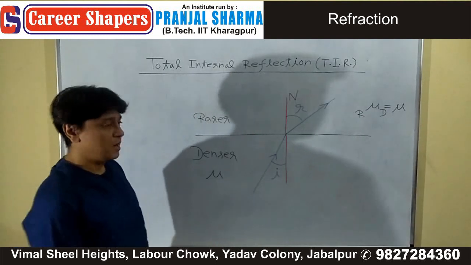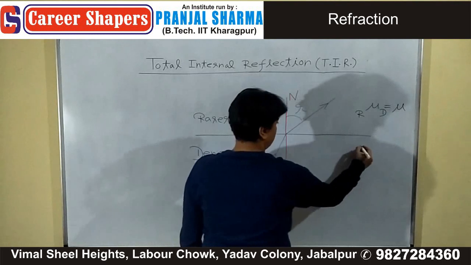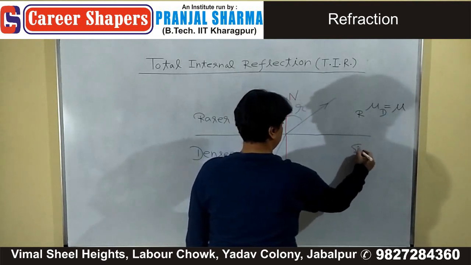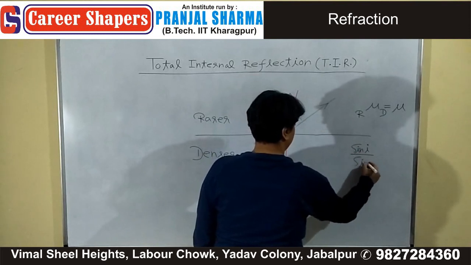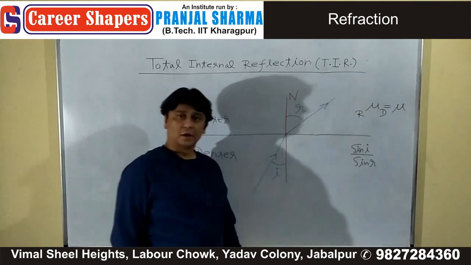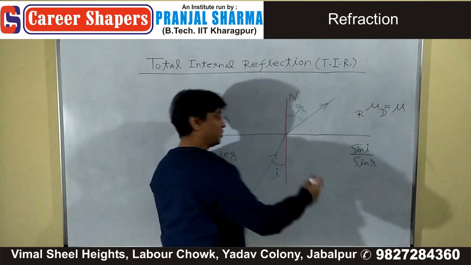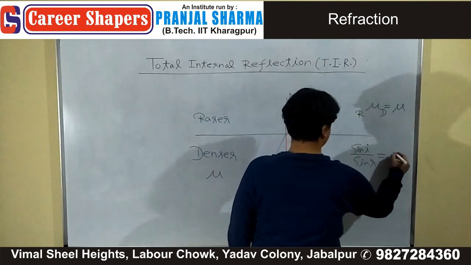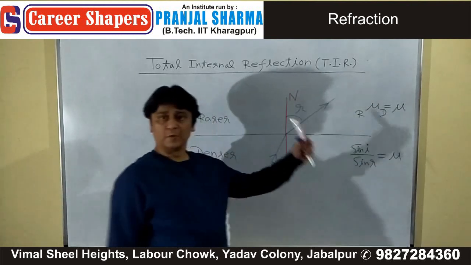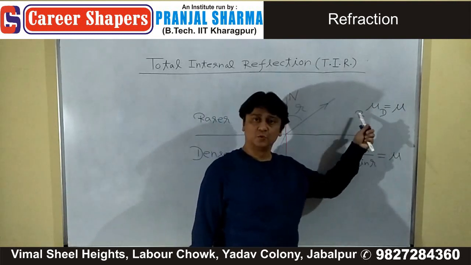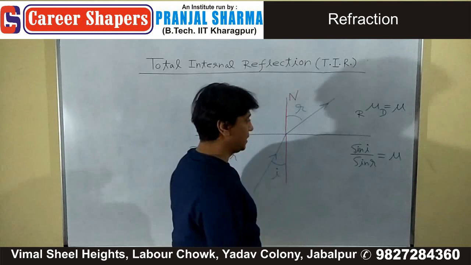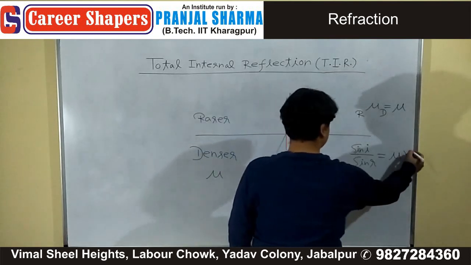Now, if you write sine I upon sine R, and you simply write mu, which is the refractive index of denser with respect to rarer, then I hope you know that it's not correct.